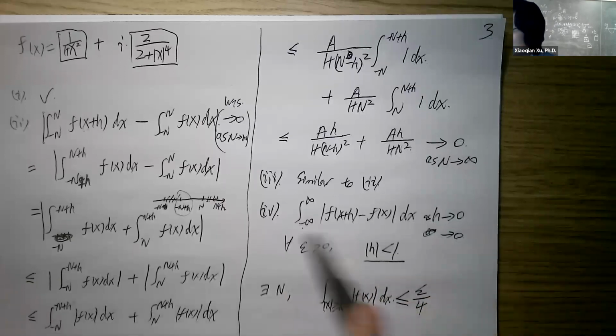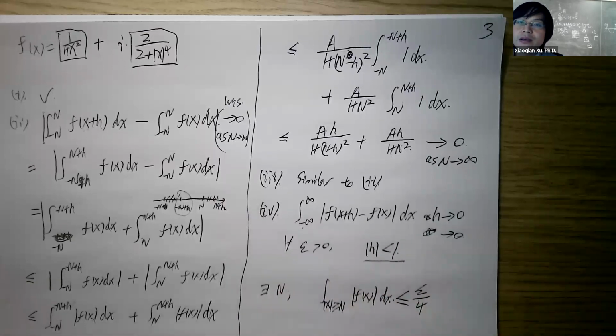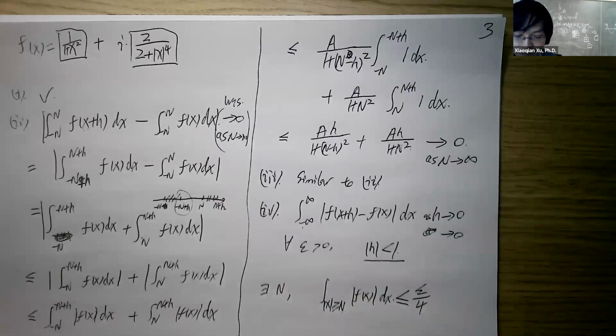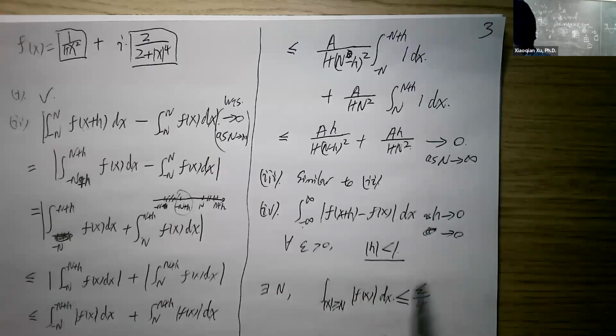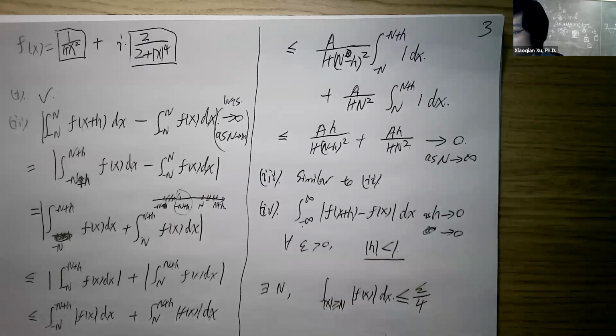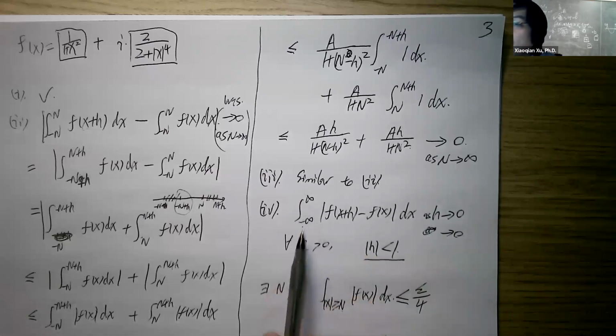Because we know that this kind of integral converges, right? So the tail of this integral, from n to infinity, will be very small. Okay, so we can choose such an n so that this integral is less than some small number, so that we can somehow ignore this part. Ignore the far field part and concentrate on this bounded part from minus n to n.